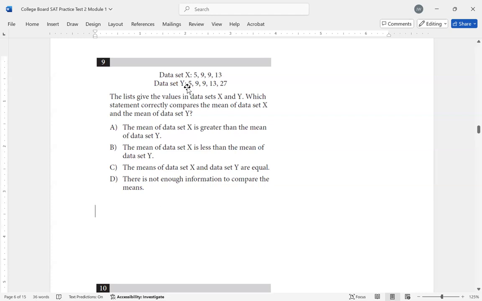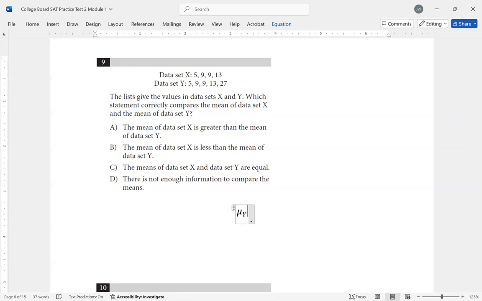Notice that dataset Y is the same as dataset X, but we've added a 27. And 27 is bigger than all of the other numbers in dataset Y. It's bigger than all of the numbers in dataset X. So that means the mean of Y, and in mathematics we can write mu as the mean.